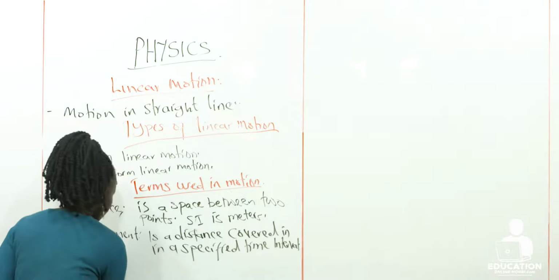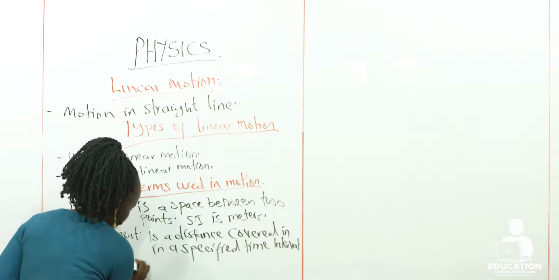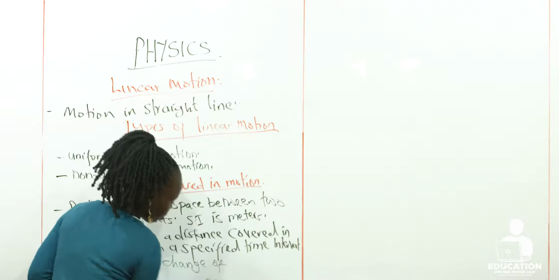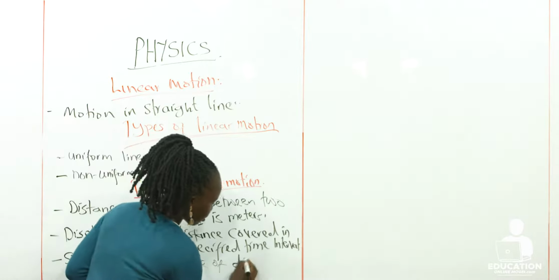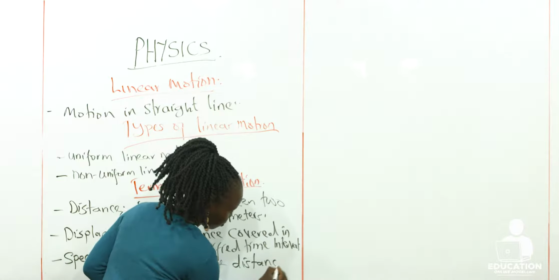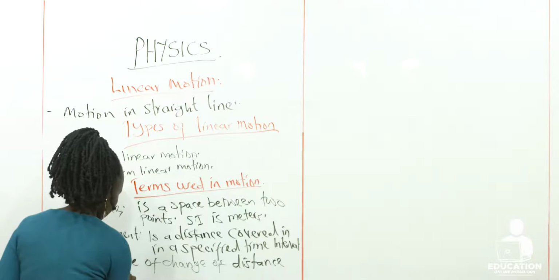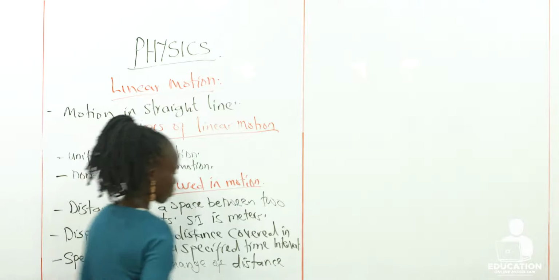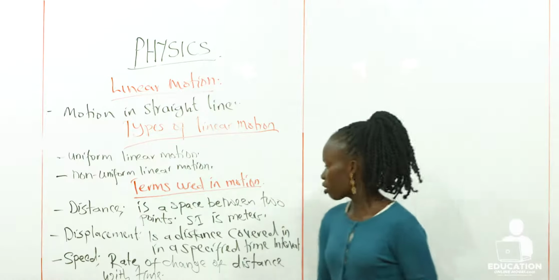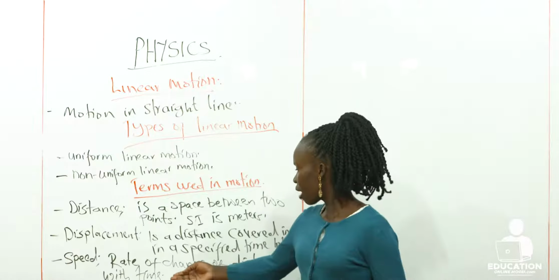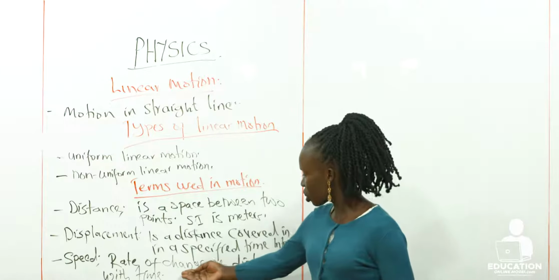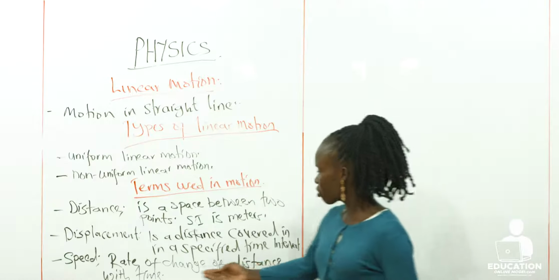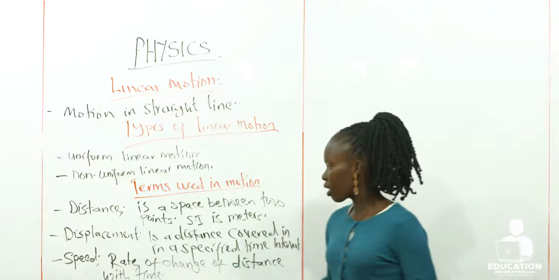Let's write it here as rate of change of distance with time. So you see our speed here has magnitude, and it also has the direction it is taking, because it is changing the rate there.